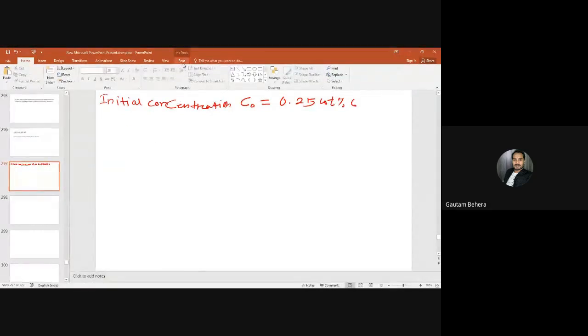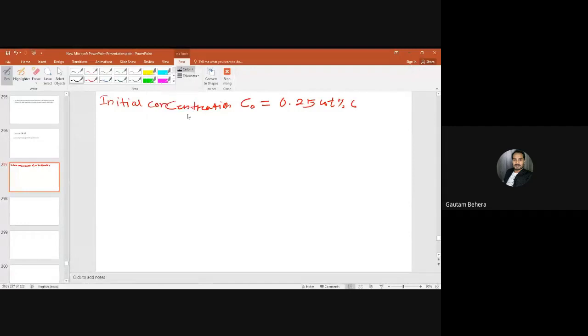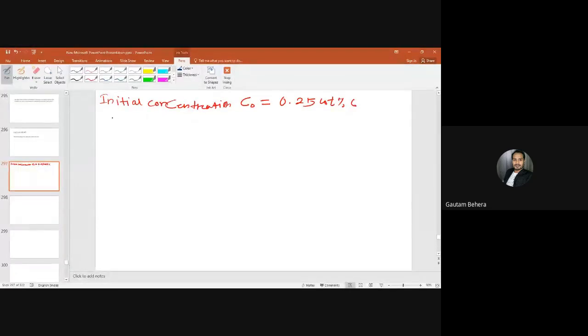The temperature is given as 1000 degrees centigrade, so this is the carburizing temperature. Then what else is given?